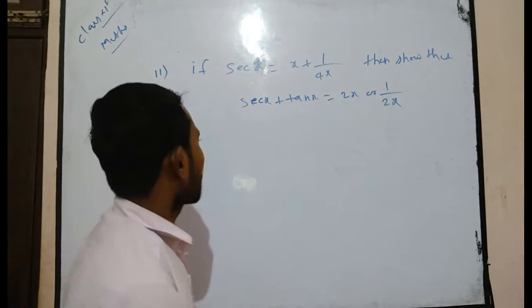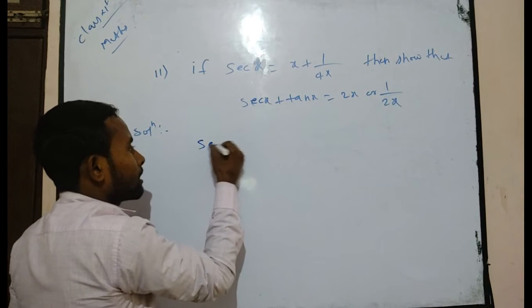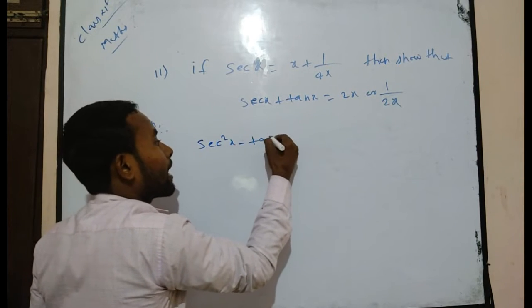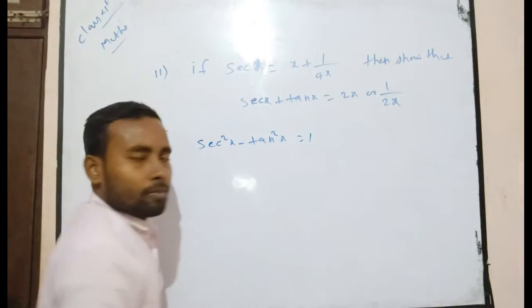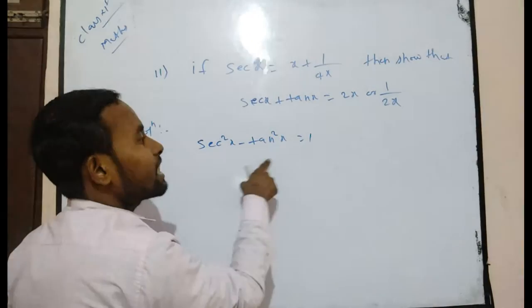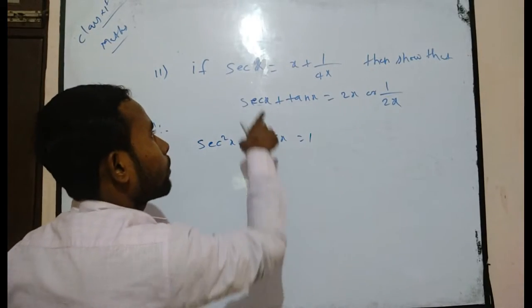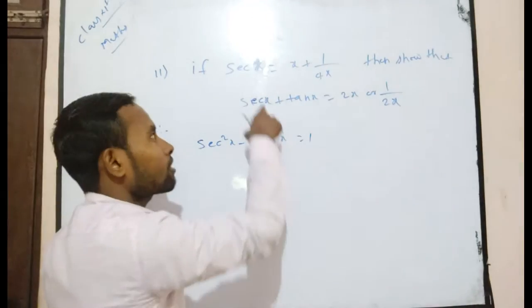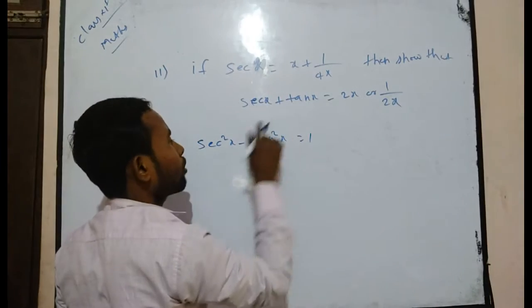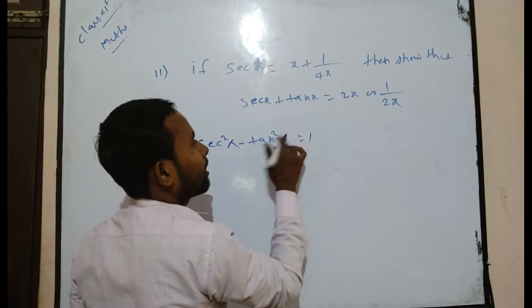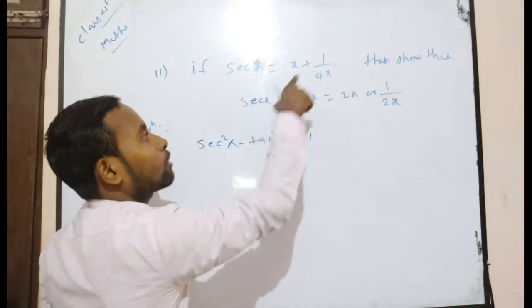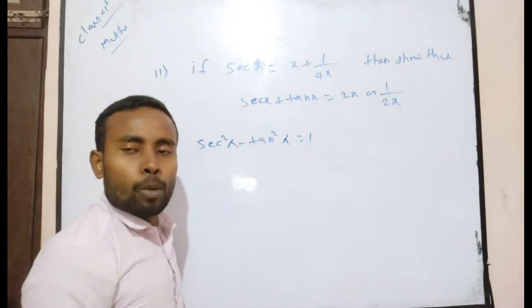But in another process, as you know that sec square x minus tan square x is equal to 1. If sec square x minus tan square x is equal to 1, then you can find tan x with the help of sec x, because you know that sec alpha is equal to x plus 1 upon 4x.